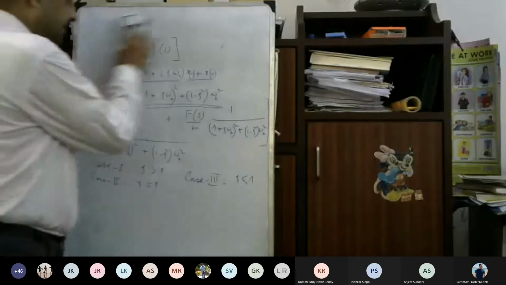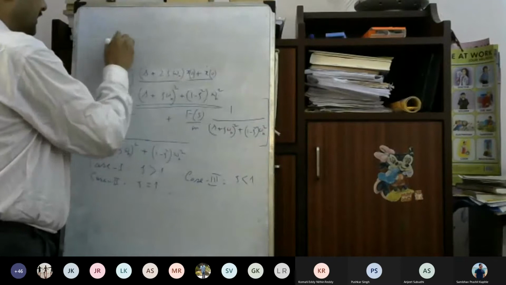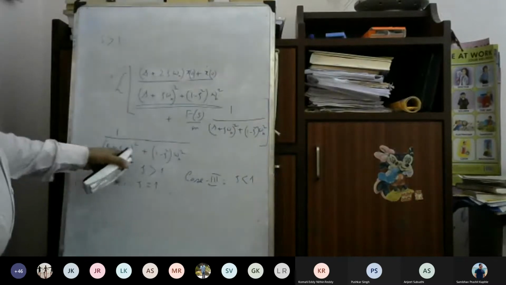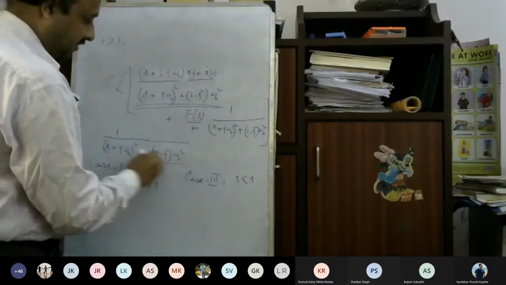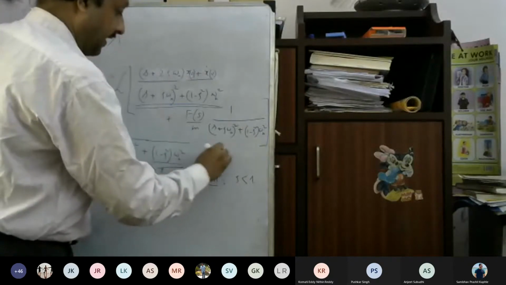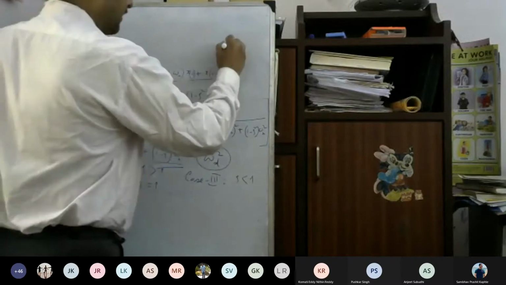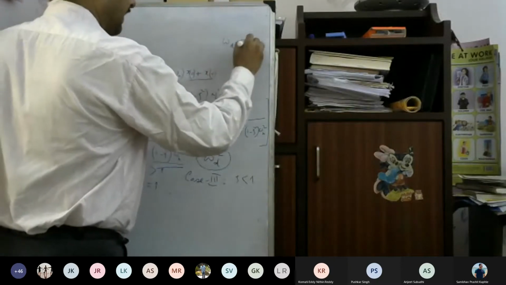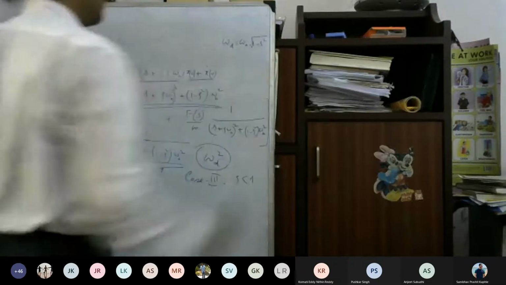So now let us see what will happen to this particular thing. Let us consider the case zeta greater than 1. Then this denominator, if I write this quantity as omega d square, that means omega d is omega n times the square root of 1 minus zeta square.